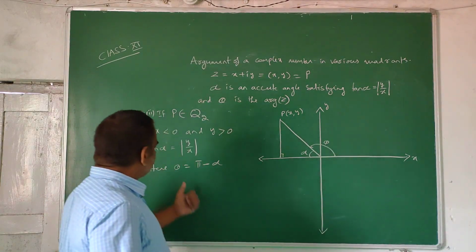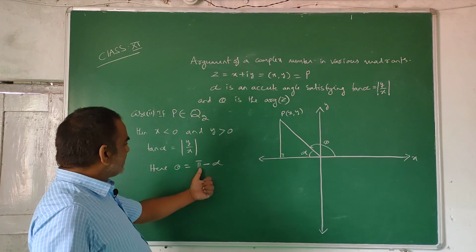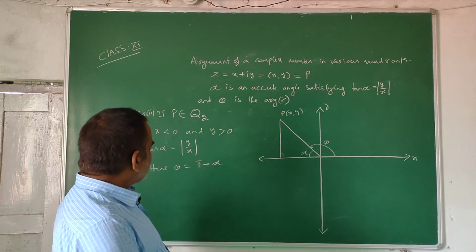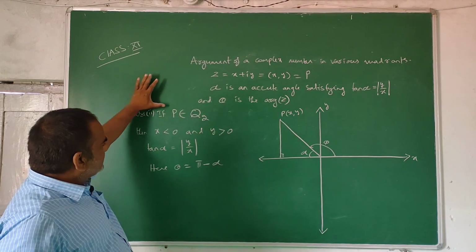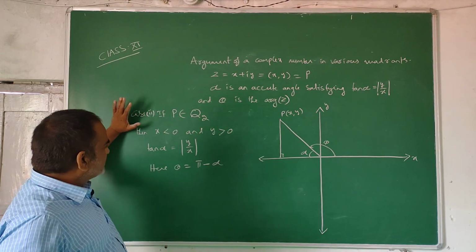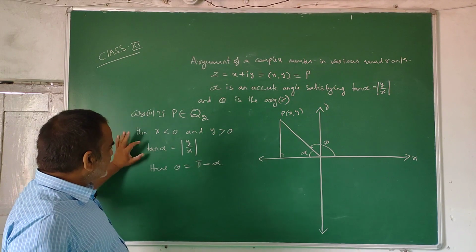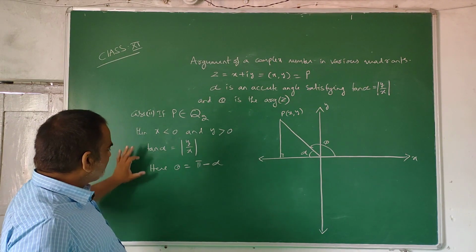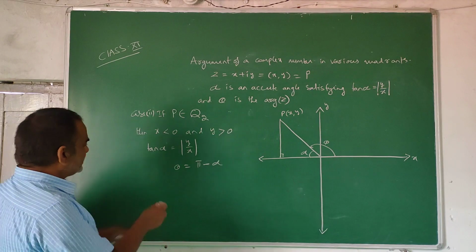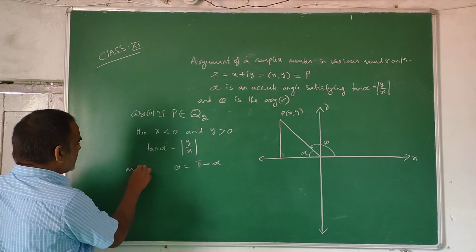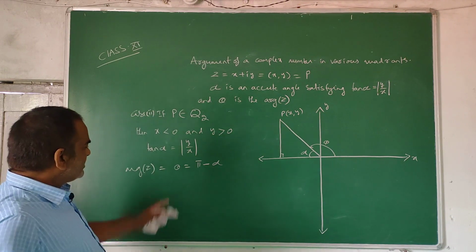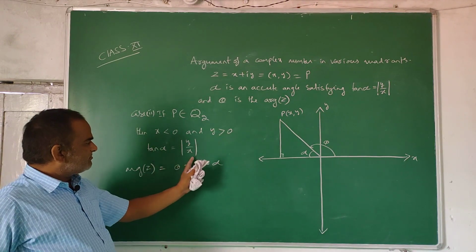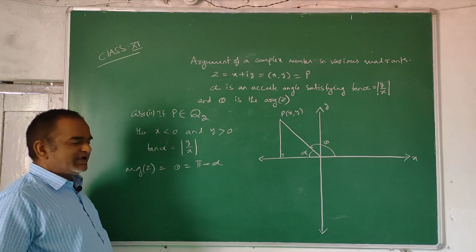So obviously, theta would be equal to pi minus alpha. So if P lies in quadrant 2, x would be less than 0 and y would be greater than 0, and the argument of z, which is equal to theta, here is taken as pi minus alpha, where tan alpha is equal to mod of y by x. That is standard. Understood?